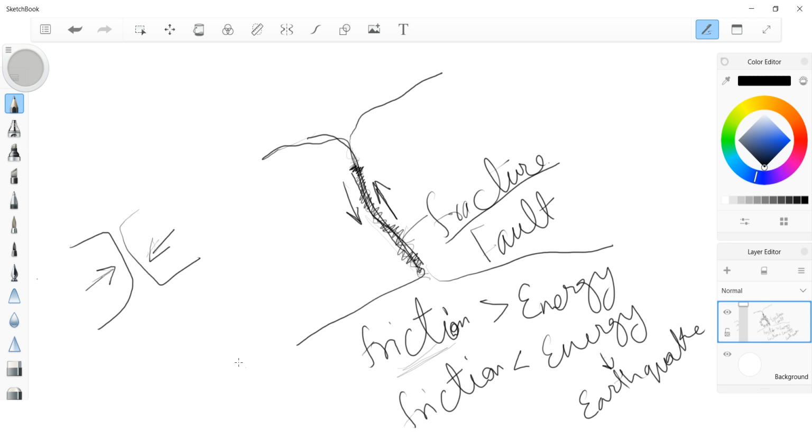So when these two plates are both continental plates, there will be no subduction, right? Because they have about the same density. One is not significantly denser, so they are both continental, and that will lead to the formation of this mountain structure here, right?